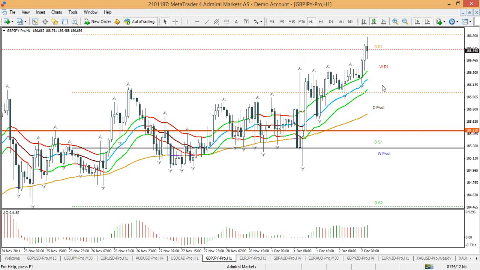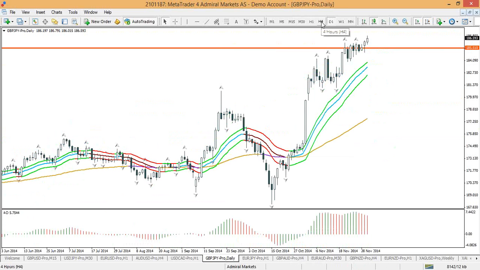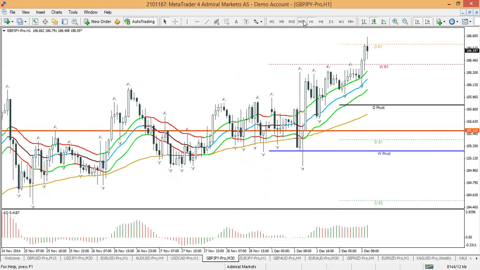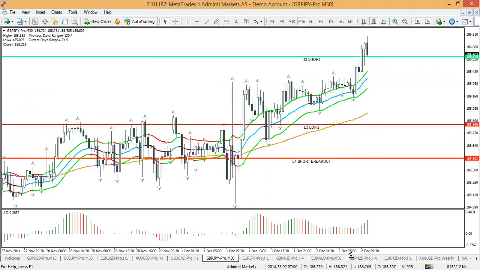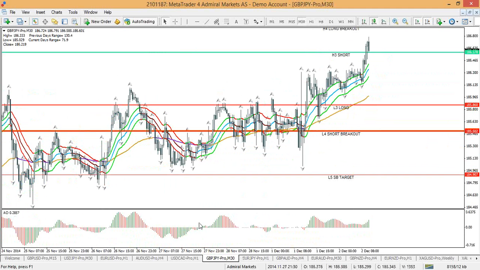Pound yen, I would like a pullback. If not now, no. It's too far away from everything. If it pulls back to, let's say, I'm not sure if I'm interested in this at this point.